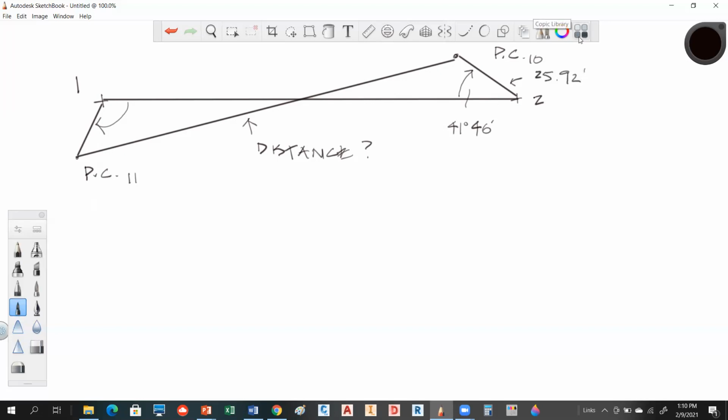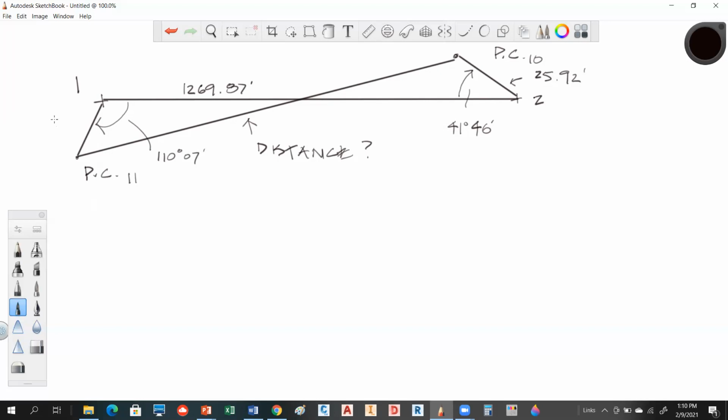They measured a distance between 1 and 2 of 1,269.87. So a really nice long site. They measured this angle here of 110 degrees and 7 minutes.